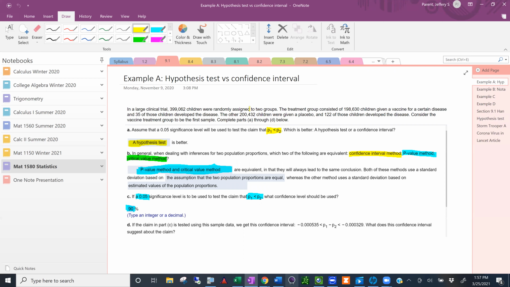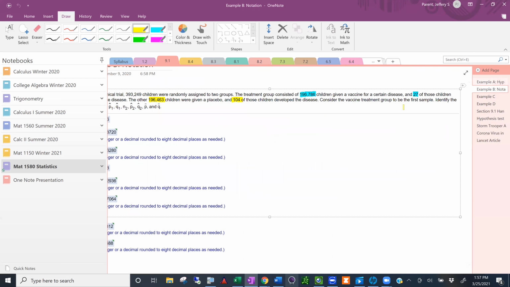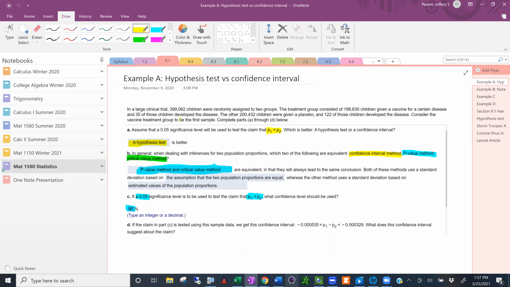We'll just use the numbers from example B and do the hypothesis test here for example A. Assume that we have a 5% significance level. We want to test a claim that the proportion, let's see, maybe we should just use these numbers here. Test a claim that P1 is less than P2.